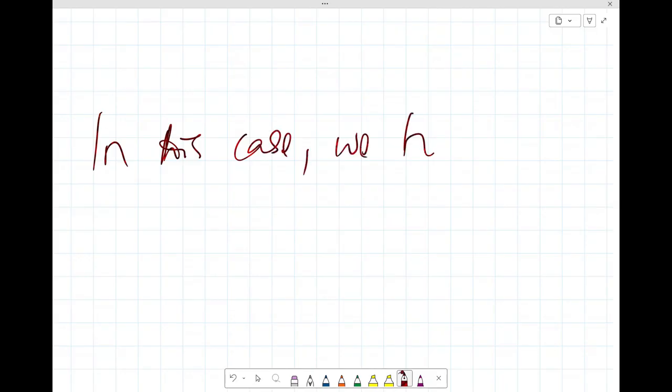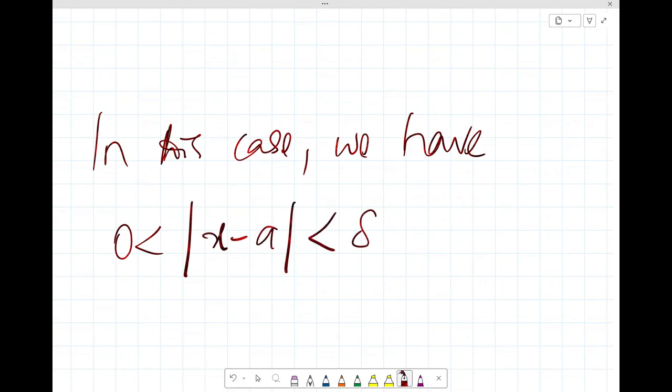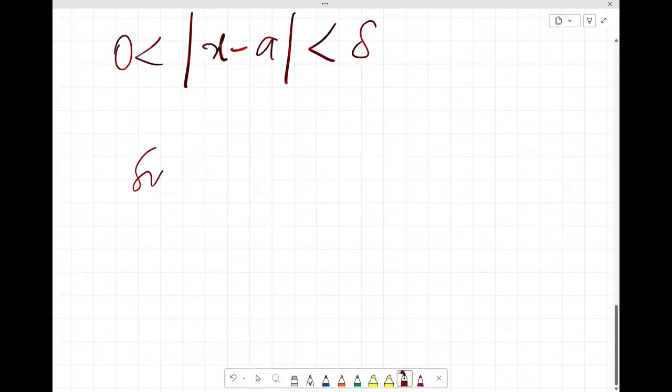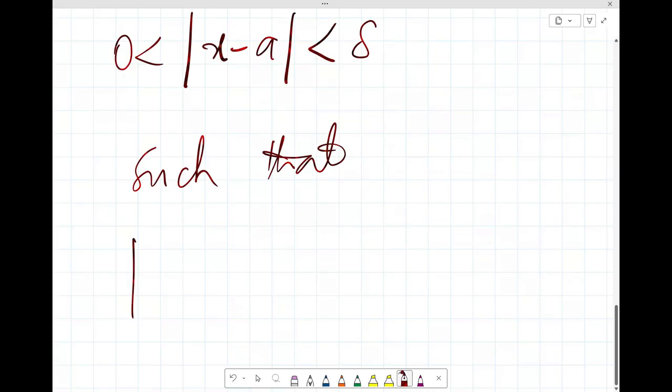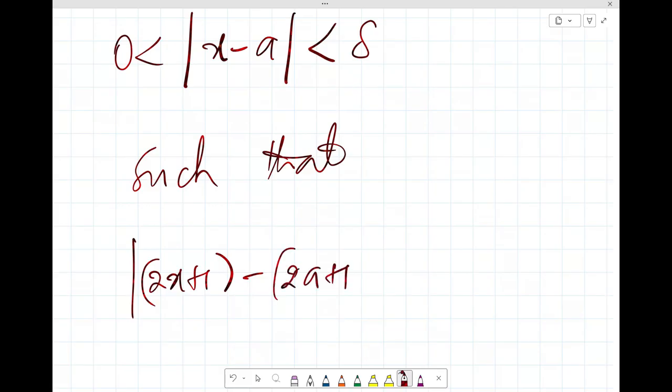We have 0 less than absolute value of x minus a less than delta, such that the absolute value of f of x, which is 2x plus 1, minus L, where our L here is 2a plus 1, is less than epsilon.